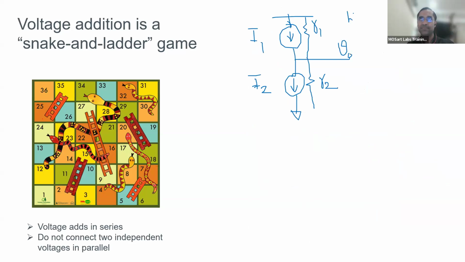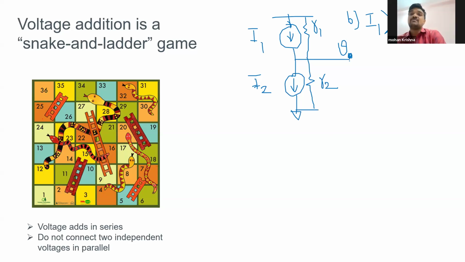So case B, I1 is greater than I2. VDD minus I1 R1. VDD minus I1 R1. I1 R1 is your VO.